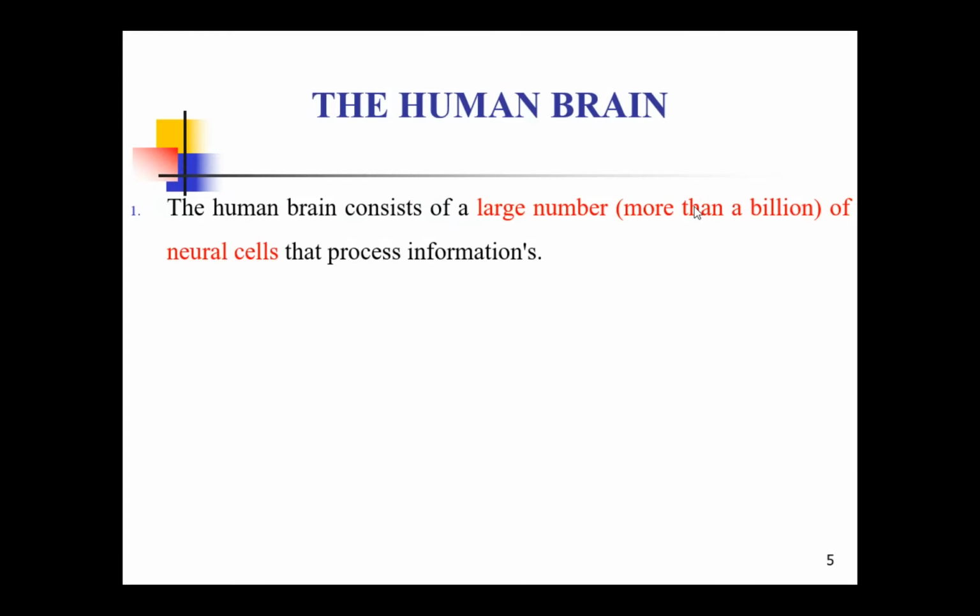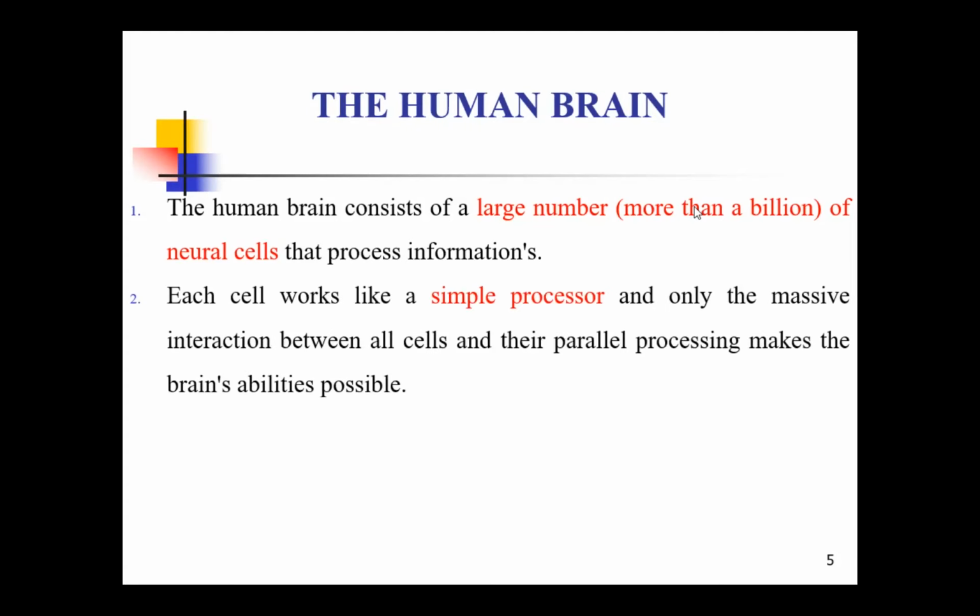The human brain consists of a large number, more than a billion, of neural cells that process information. The information is obtained from the environment where we live. Based on that information, the brain processes it with the use of a large number of neurons present in our brain.